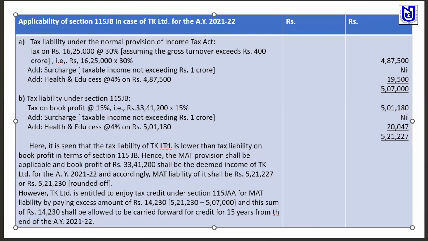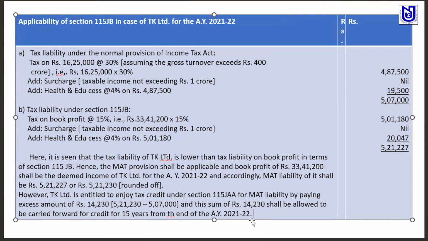One thing I have failed to highlight: this tax credit of 14,230 shall be allowed to be carried forward for getting credit, and this credit will be available in the year when the company will pay tax under the normal provision of the Income Tax Act. Only in that year the credit will be available. Suppose in this assessment year 21-22, the company is liable to MAT, for which it has paid excess amount of 14,230.